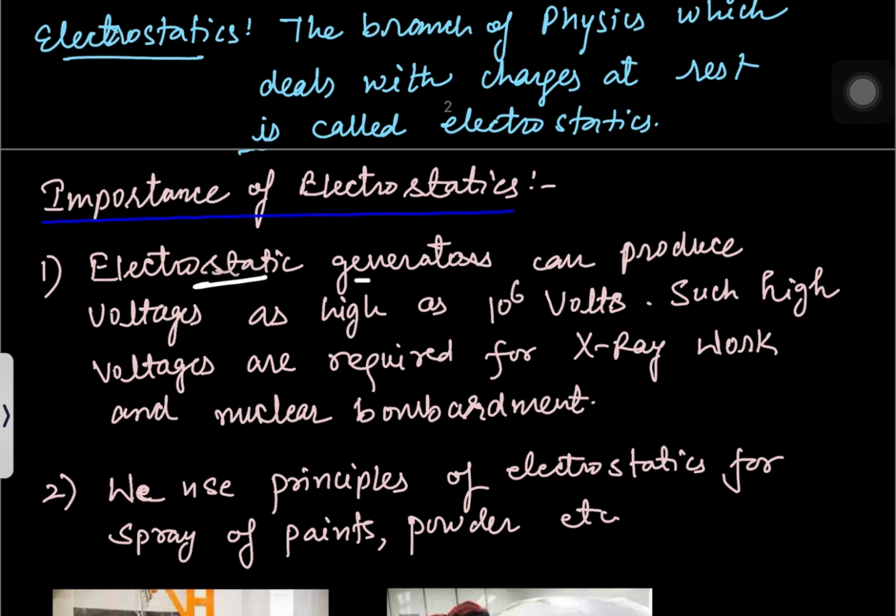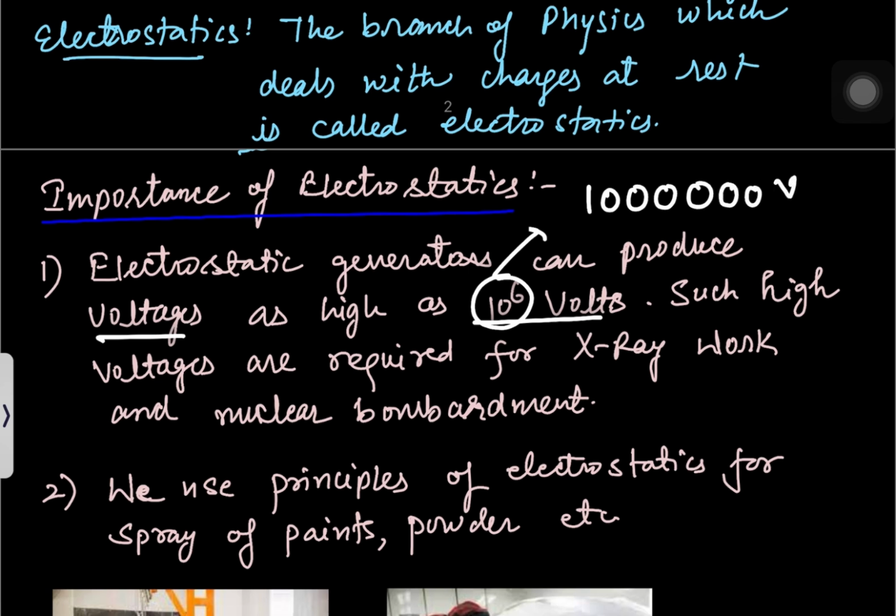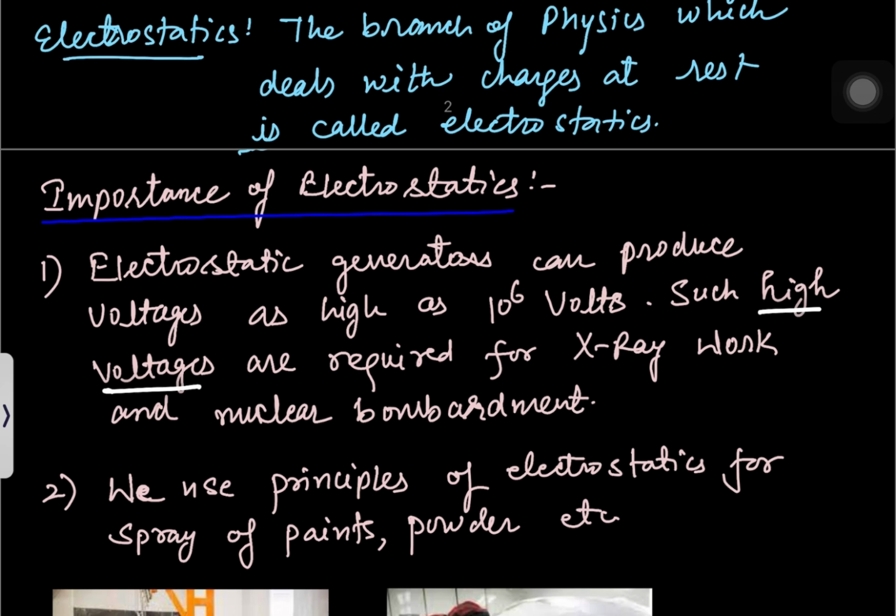Number one, electrostatic generators are based on electrostatics as they produce voltage as high as 10 to the power 6 volts. 10 to the power 6 volts means 1, 2, 3, 4, 5, 6. See the difference. Such high voltages are required for X-ray work and nuclear bombardment in the field of nuclear physics.